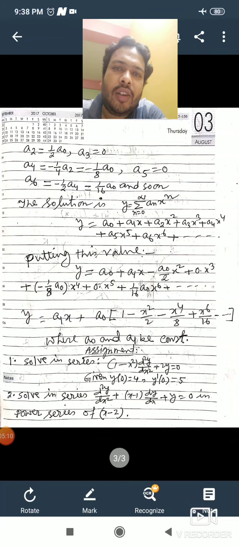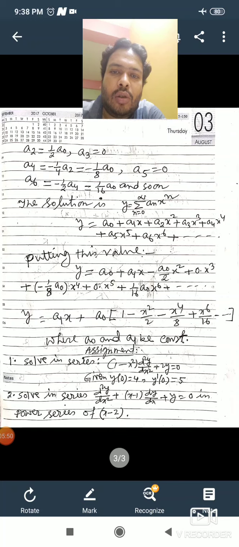So the solution is y equal to summation n equal to 0 to infinity a n x to the power n. This can be written as y equal to a0 plus a1x plus a2x square plus a3x cube plus a4x to the power 4 plus a5x to the power 5 plus a6x to the power 6 plus and so on. Putting these values, y equal to a0 plus a1x minus a0 by 2 x square plus 0 into x cube plus minus 1 by 8 a0 into x to the power 4 plus 0 into x to the power 5 plus 1 by 16 a0 x to the power 6 plus and so on.